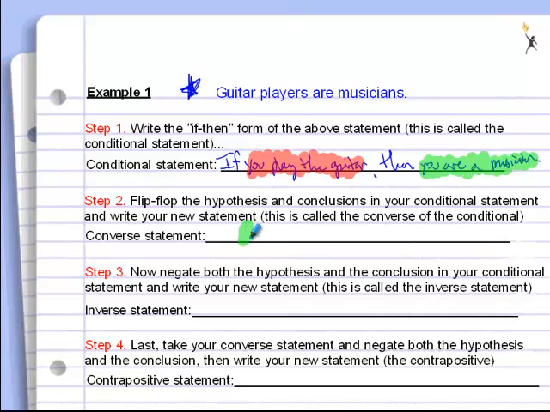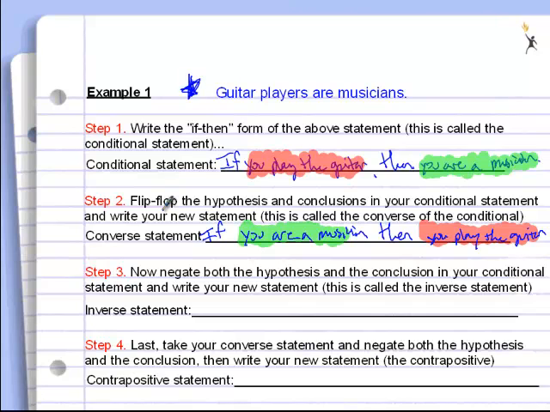So it's going to be conclusion, hypothesis. And now we rewrite our statement. If you are a musician, then you play the guitar. All we did was just flip what was written. We flipped the hypothesis and the conclusion to make our converse statement.